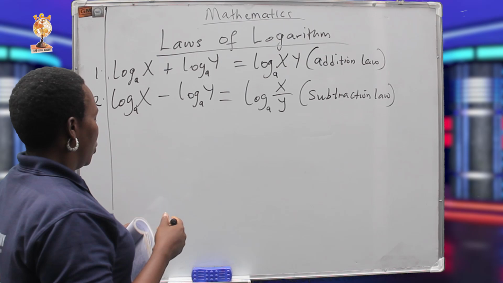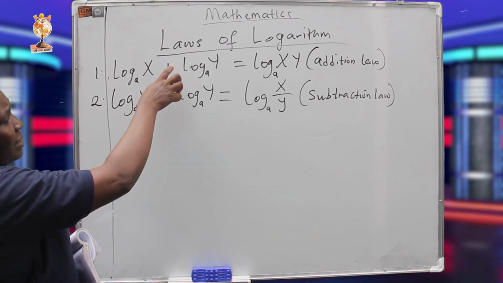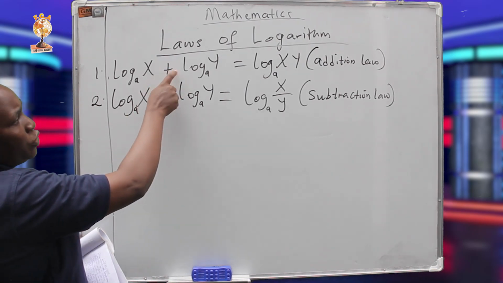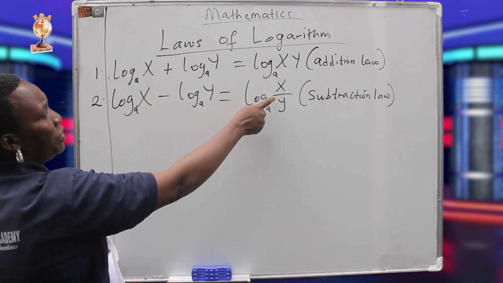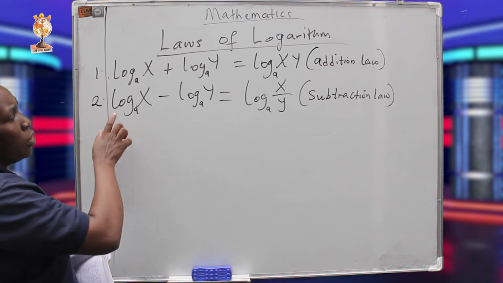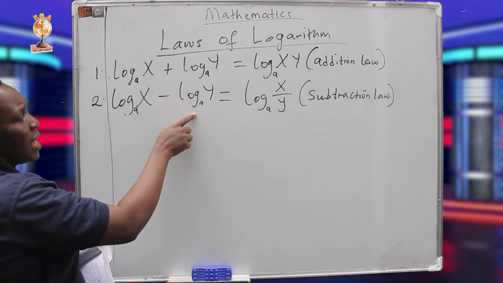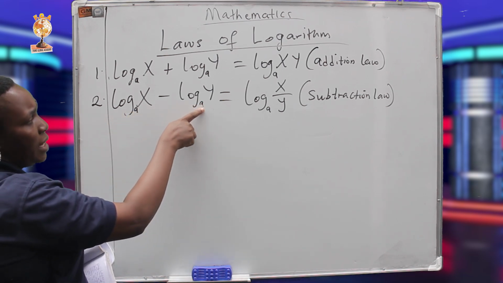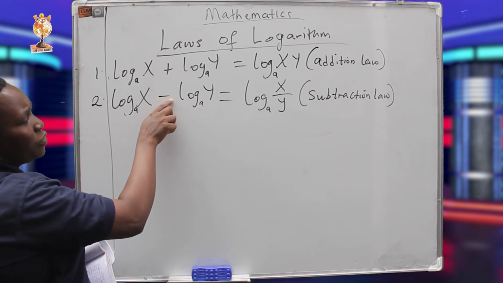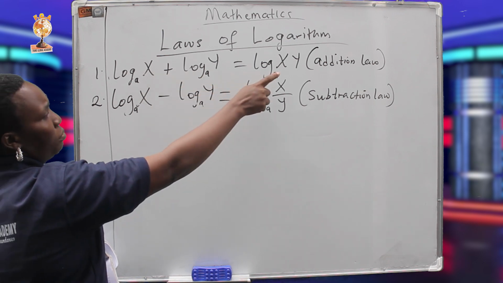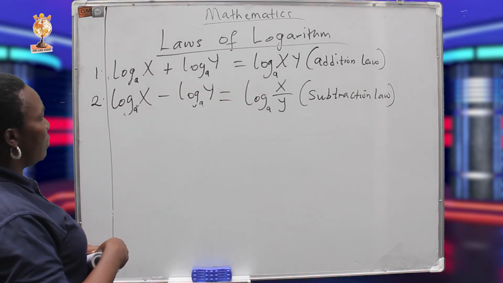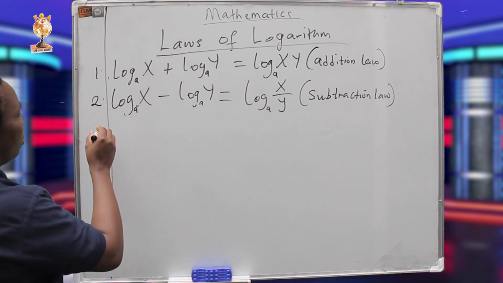Okay, so just like what we had here, the one of addition, you multiply the two logarithms, but the one of subtraction, you divide the two logarithms. So long as they have the same base, you can see this base a, this base a. Okay, so subtraction means divide them. While this one, addition, means what? Multiply them. Okay, all right, so let's look at law number three.